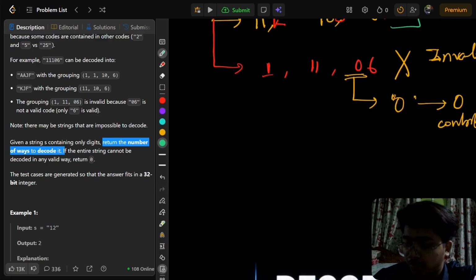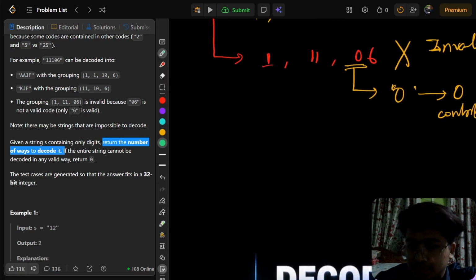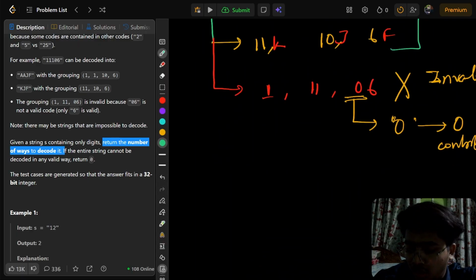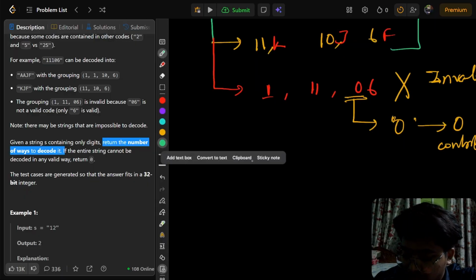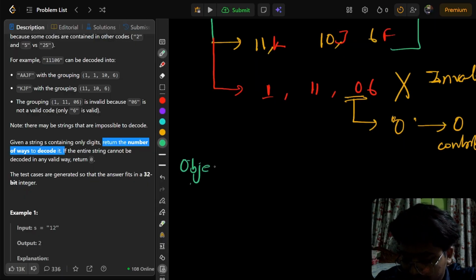If we notice the objective, let's write objective.